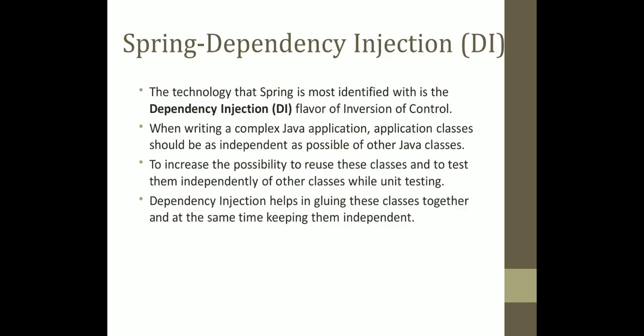Okay, and the next technology that is related to Spring is dependency injection. So the technology that Spring is most identified with is dependency injection, and it is the flavor of inversion of control. So when writing any complex Java application, the application classes should be as independent as possible of other Java classes.